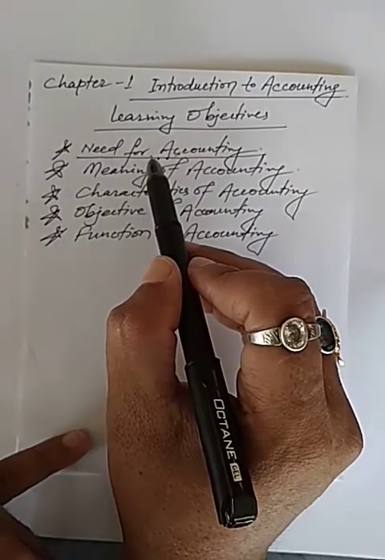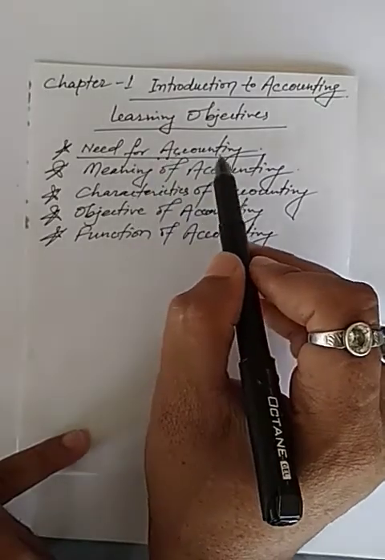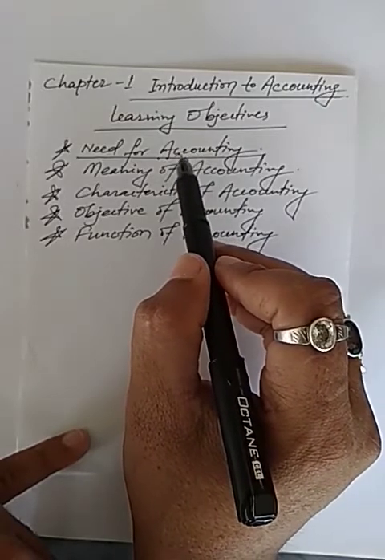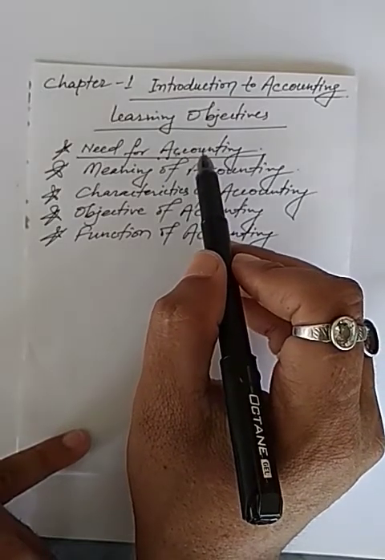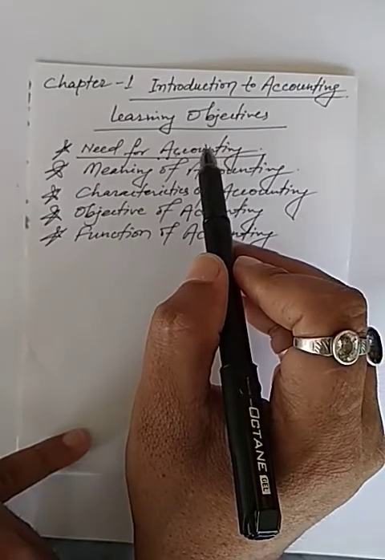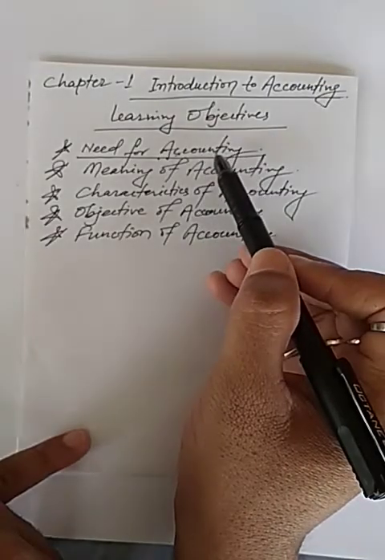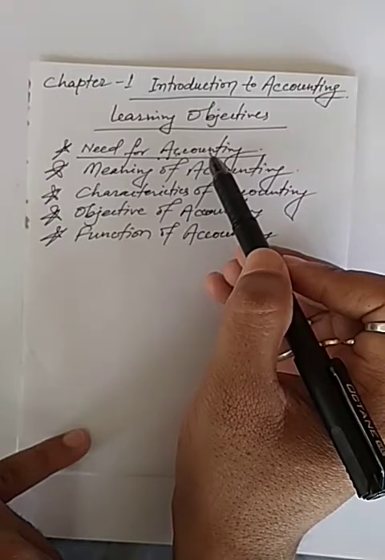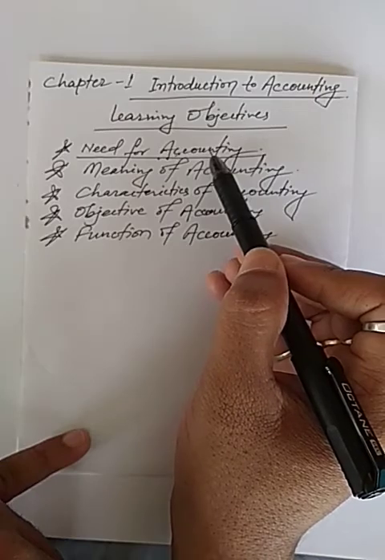By keeping a complete and systematic record of every business dealing, the businessman can know the amount of purchase, the amount of sale, his total expenses, and the amount of profit earned or loss incurred during the year.